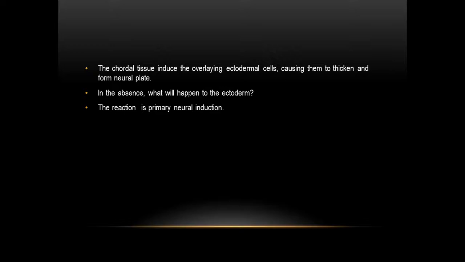The chorda mesodermal tissue that is underlying the ectoderm actually is an important factor because it has been shown that the inductive activity it possesses is influenced by two processes: trans induction or vertical induction and planar induction.